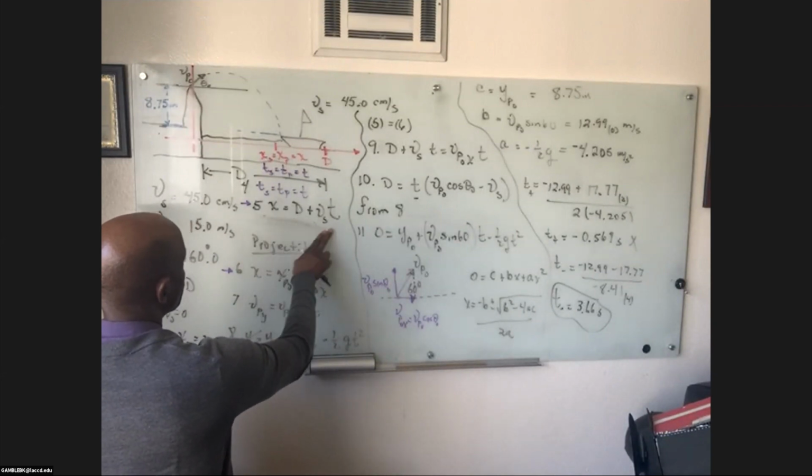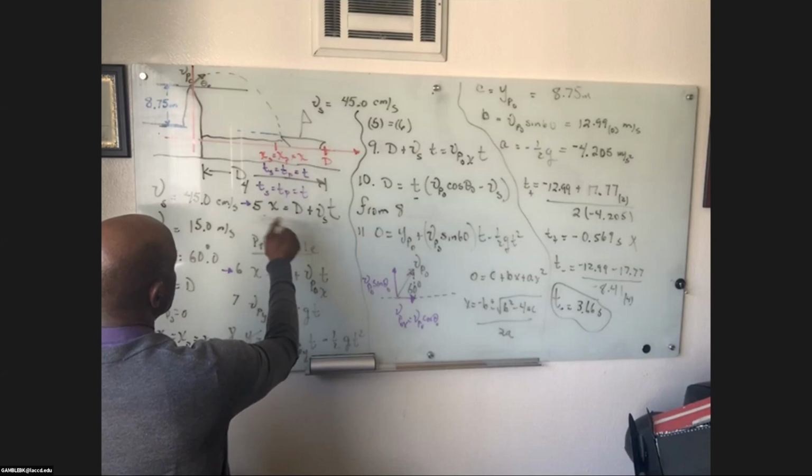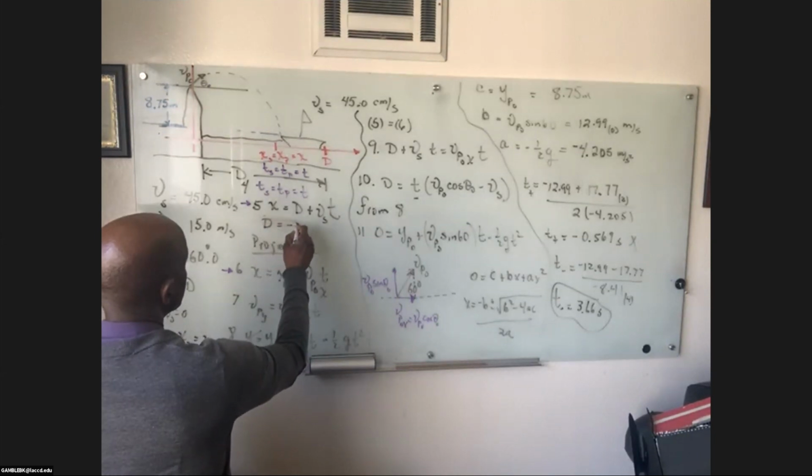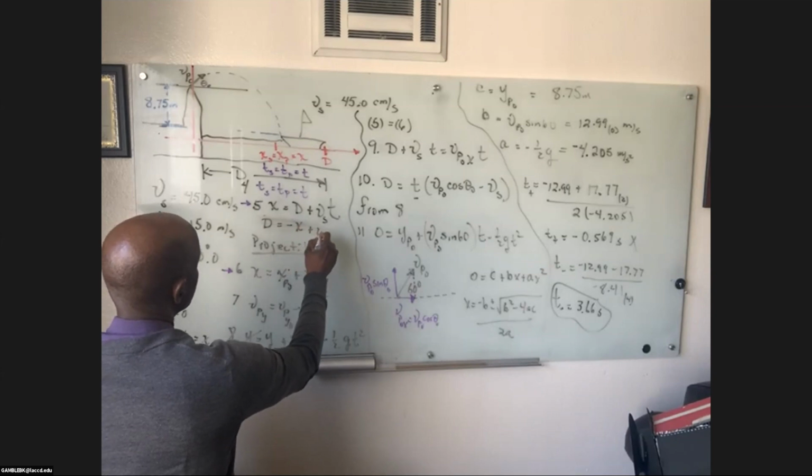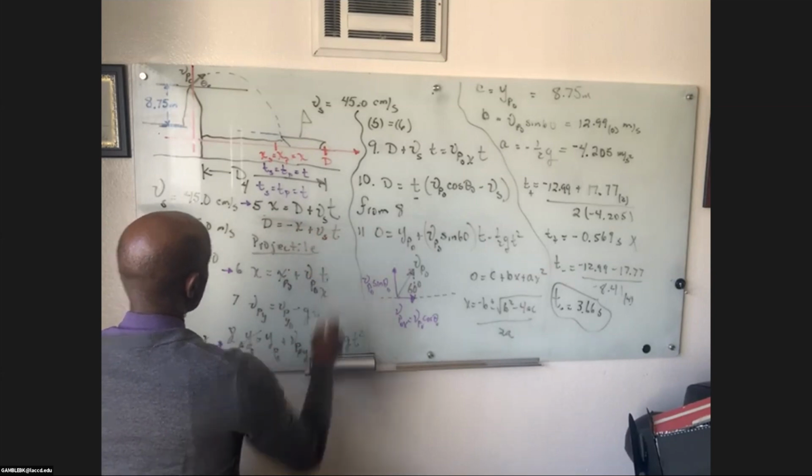So if you solve this equation, basically D is equal to A minus X plus Vs times T.